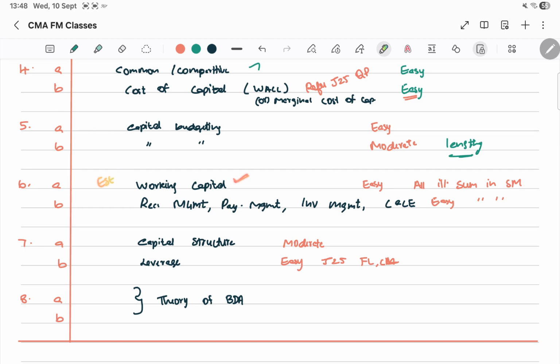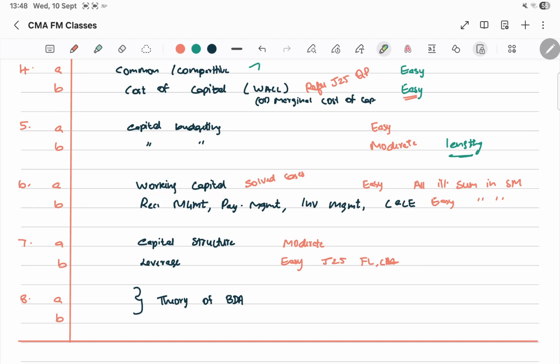All illustration sums you need to prepare in the study material, including your solved cases. After all the illustrations you will be having solved cases. From that also you need to prepare one question, and you need to prepare all those solved cases in order to attend this working capital estimation.